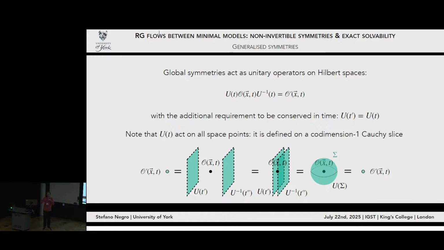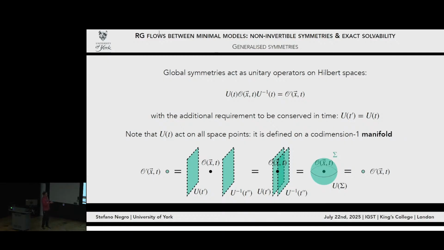It can be a rotated operator, it can be another kind of operator, depending on the symmetry and on the operator you're considering. But the important thing is that if you just move away from the idea of slicing along the time direction for a moment, you can think of this action as being essentially a codimension 1 surface that surrounds your operator and acts on it by this chaining. Okay?